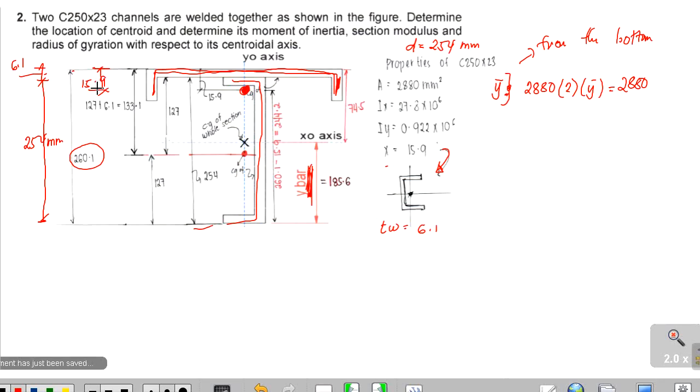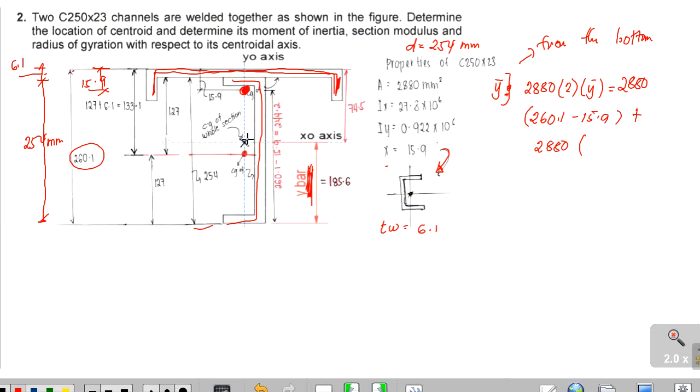Our distance here is 2880 times 260.1 from the bottom minus 15.9. That is the distance, plus the standing C section, we have 2880, that is the area, times the distance.